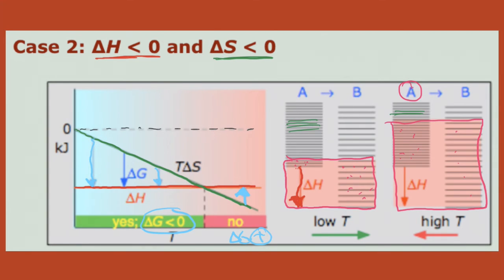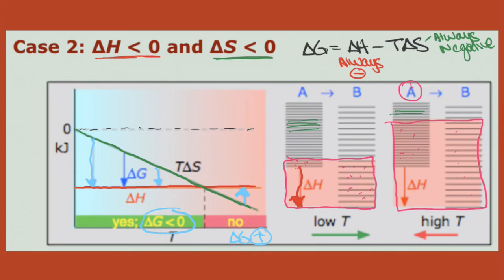If we go back to our equation, delta G equals delta H minus T delta S, we can see that the delta H is always negative and the delta S is always negative. But since we're subtracting a negative, there's a point at which these two will be equal.